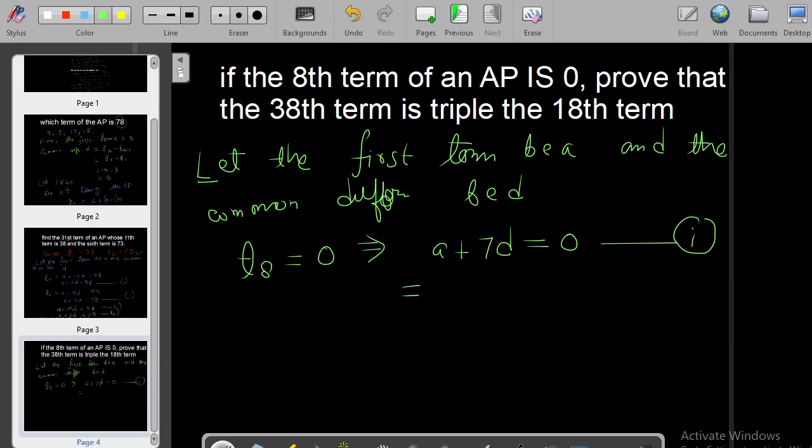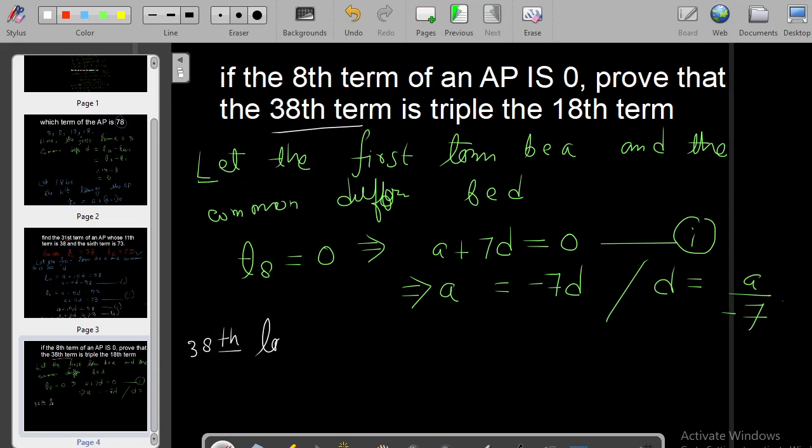Now I can write it like this: A equals minus 7D. Or we can also write D equals A by minus 7. Whichever suits, we write that. Now we have to find the 38th term. The 38th term is T38.